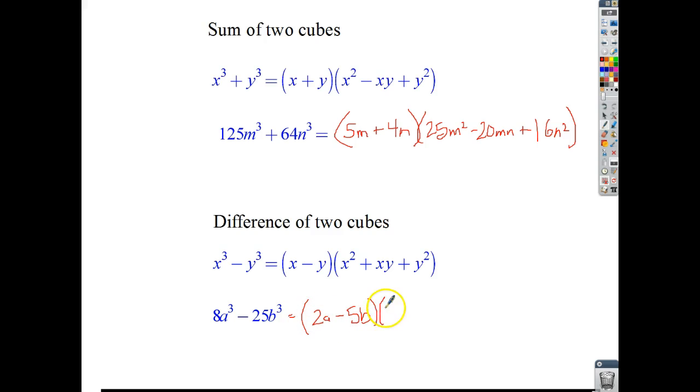We're going to square this piece, so it's going to be 4a squared. And then we're going to get plus 10ab, oh sorry, not minus, plus, and then 25b squared. There you have it.